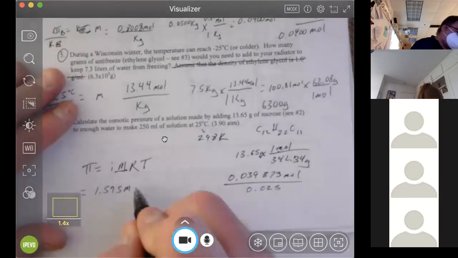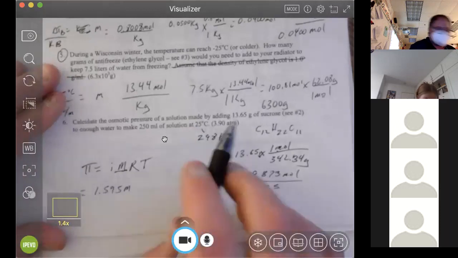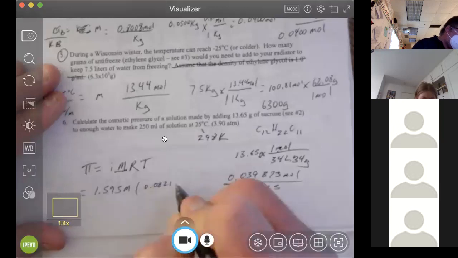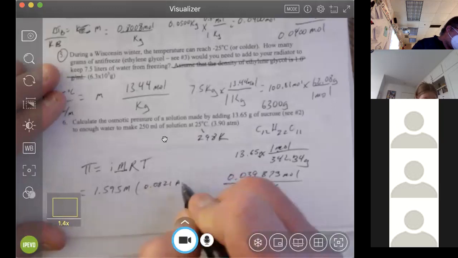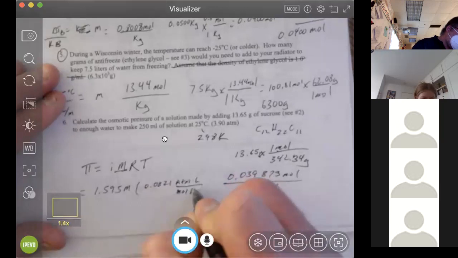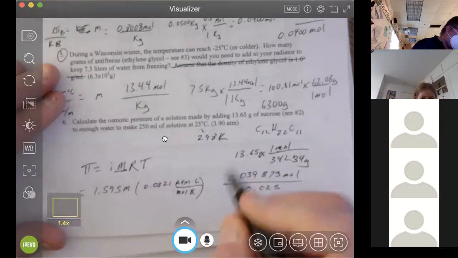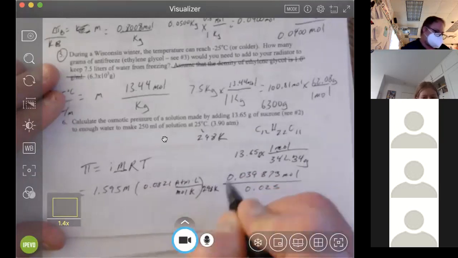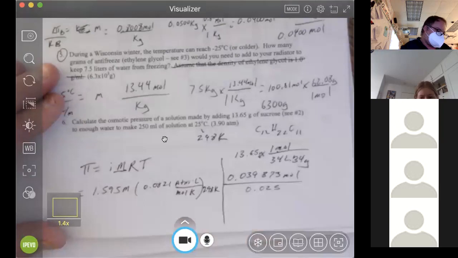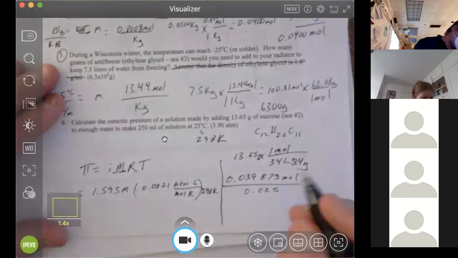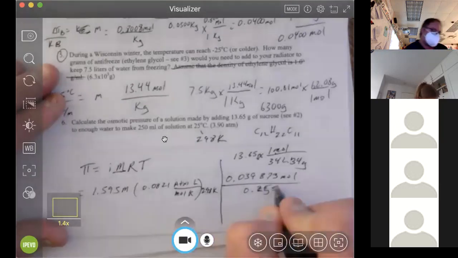The R constant, I'm going to go with atmospheres because they have atmospheres: 0.0821 atmosphere liter per mole Kelvin, and then multiply by 298 Kelvin. Wouldn't it be 0.25 liters, not 0.025? Oh, good call. So it's not 1.59. Thank you, that saved me from going back and saying, what?